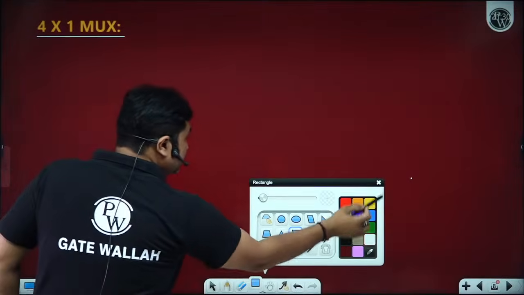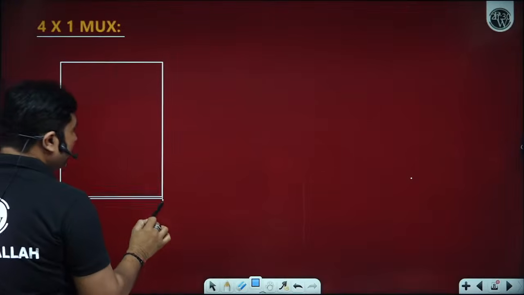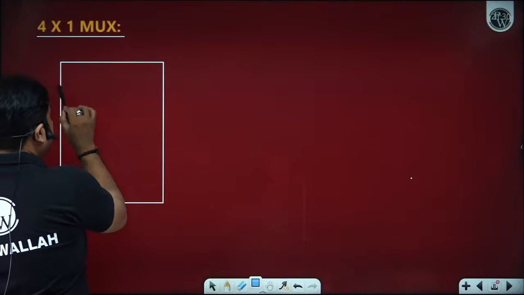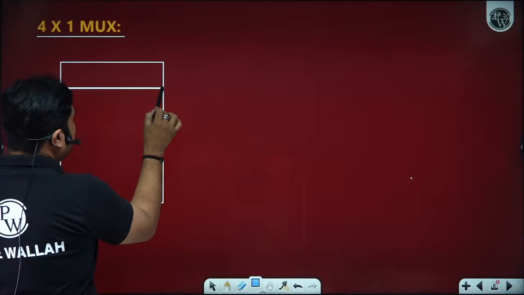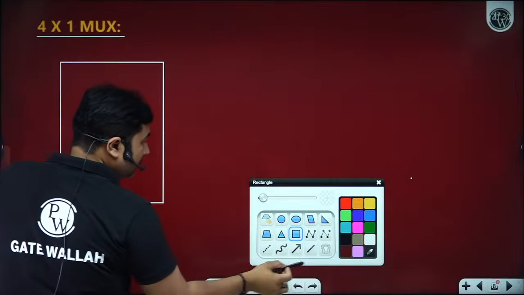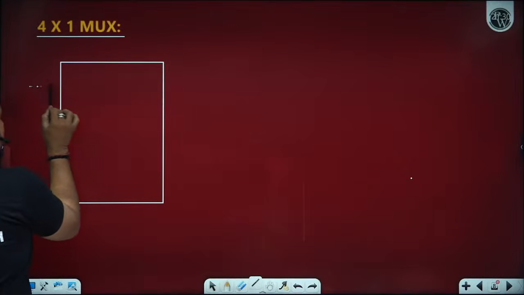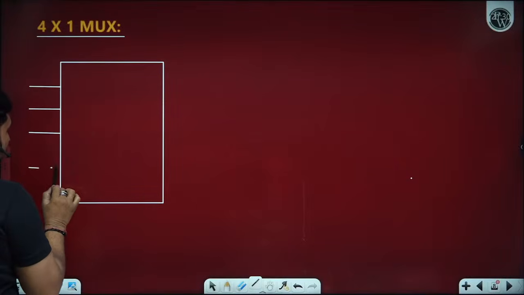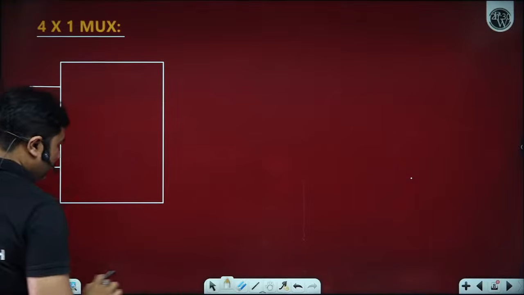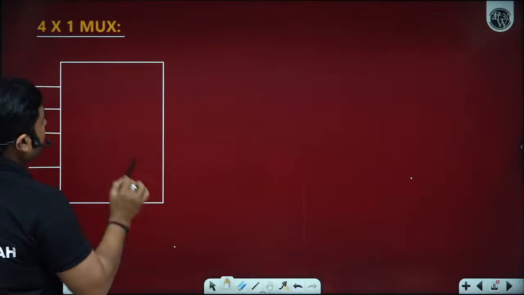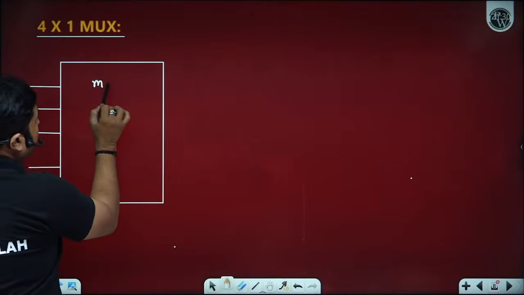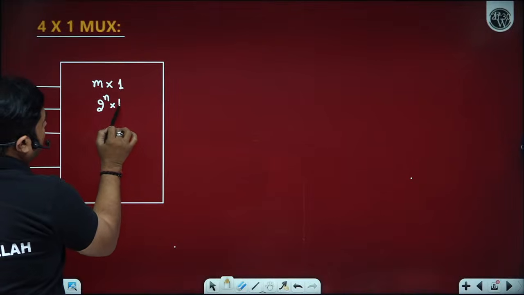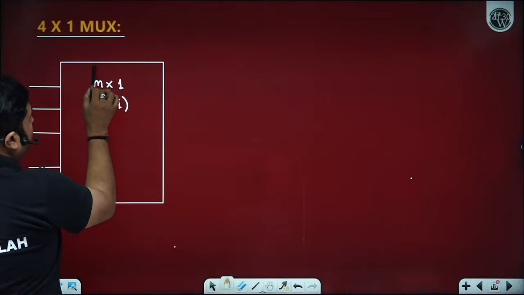What do we want to design? We want to design a 4x1 size multiplexer where the number of inputs is 4, it means m is equal to 4. So if m is equal to 4, m cross 1, where m is 2 to the power n cross 1, and I am talking about 4 cross 1.